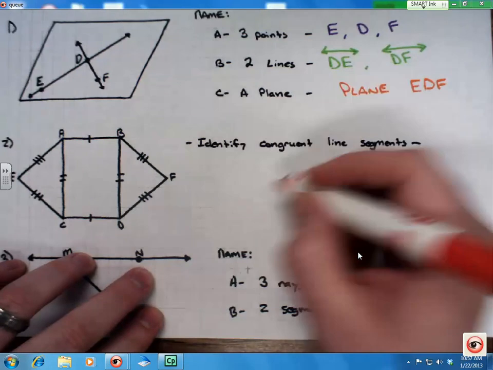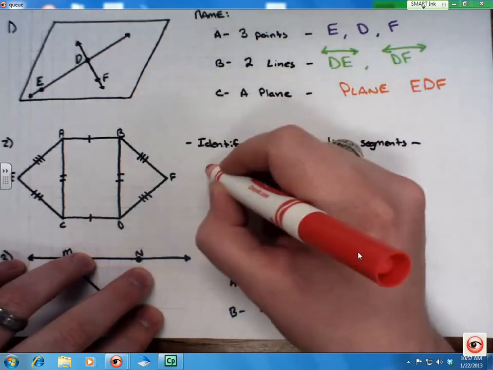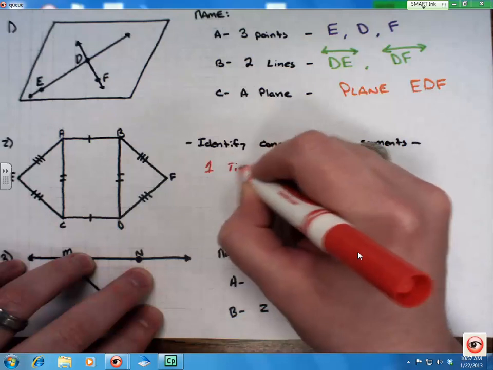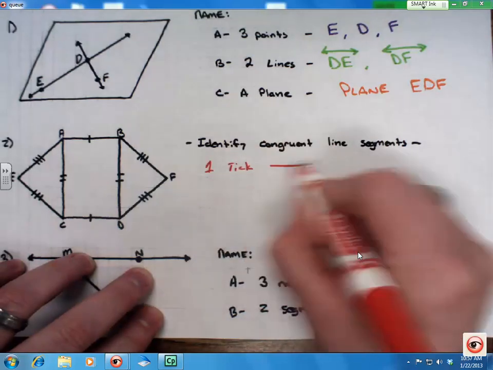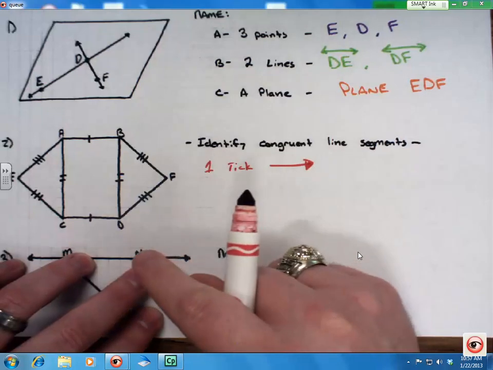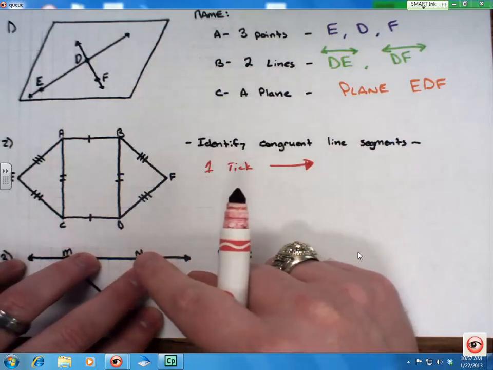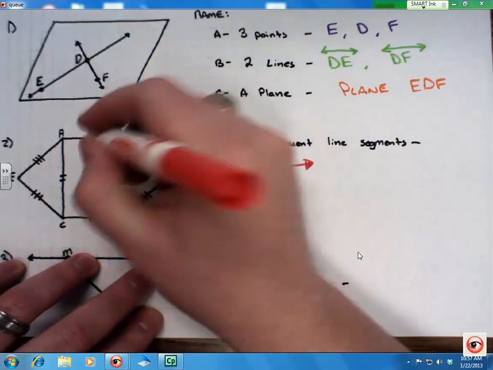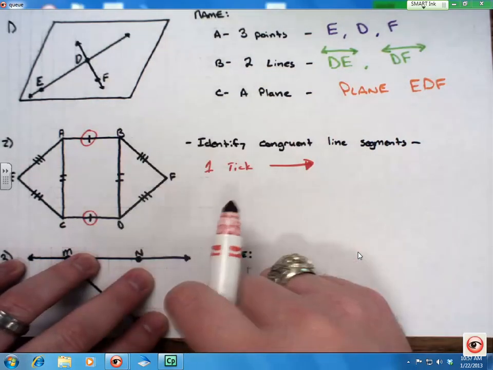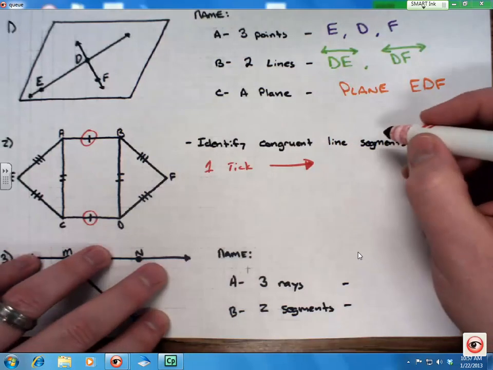So the first thing I'm going to do is find all the ones with one tick mark. That's what those little lines are called. Okay, so what two sides have only one tick mark? Well, this top side up here and this bottom side out here both only have one. So we could say that these two are congruent.